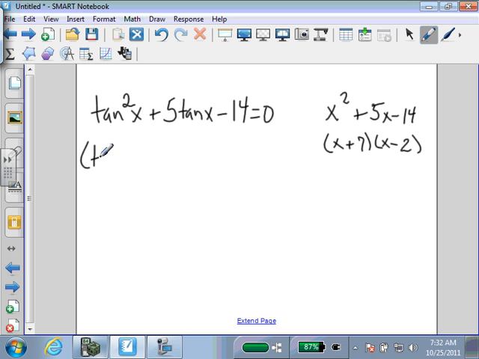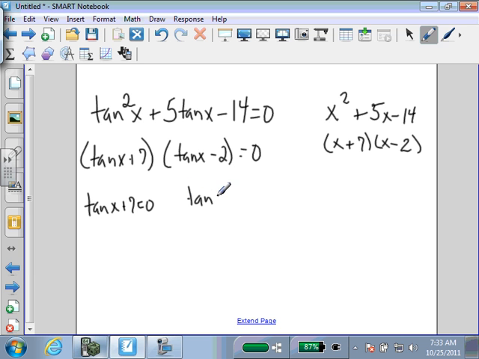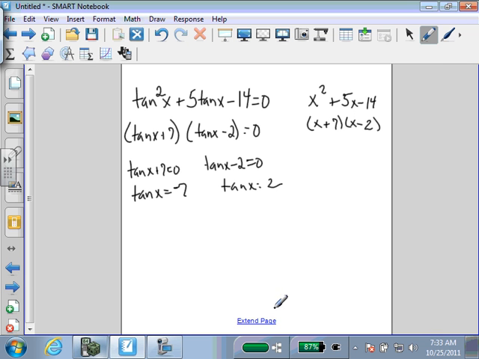So this is tan x plus 7 with tan x minus 2. So we've got tan x plus 7 equals 0, or tan x minus 2 equals 0. So we have tan x equals negative 7, or tan x equals 2. Okay, so tangent is positive here and here, negative here and here.